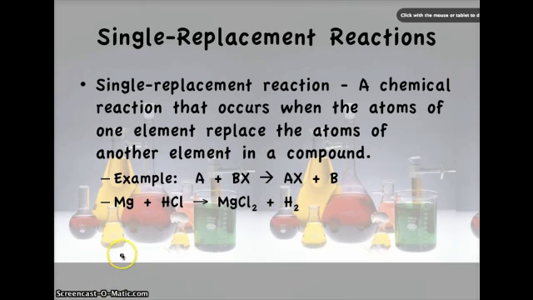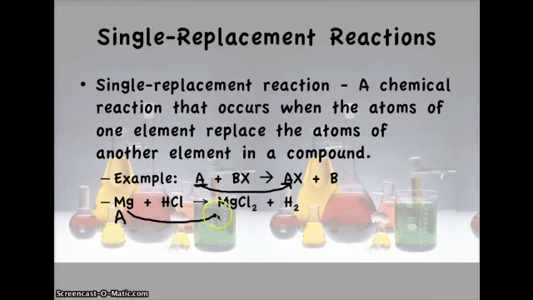So if we take a look at an example of this, we have magnesium plus hydrochloric acid yields magnesium chloride plus hydrogen. So if we take a look over here, magnesium is by itself, so we're going to call magnesium A because it's doing the same thing as what A is doing. At the end of the equation, remember, A is joined by X. If we take a look at magnesium, guess what?